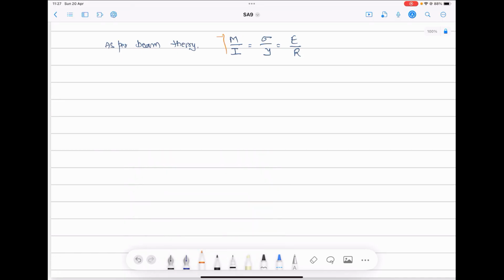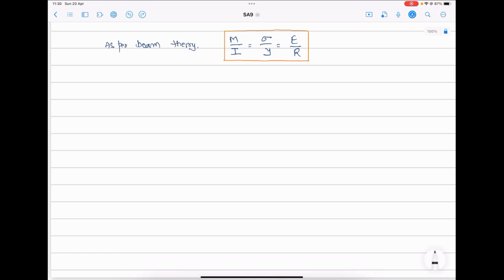Please remember it and don't neglect it. It will be useful to find the applied stresses in the beams.